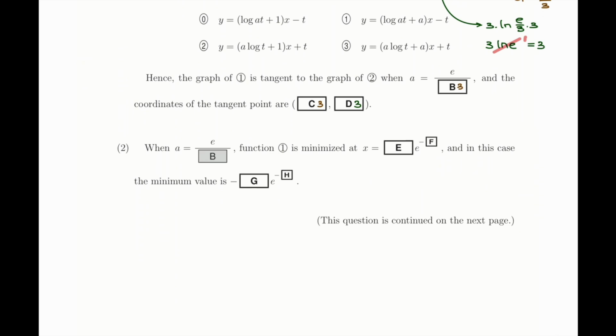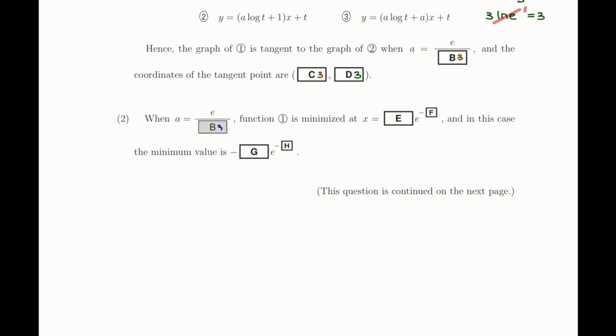For the next question, when a is equal to e over b, our b is 3. So for a equals e over 3, function 1 is minimized at x equals blah blah blah.